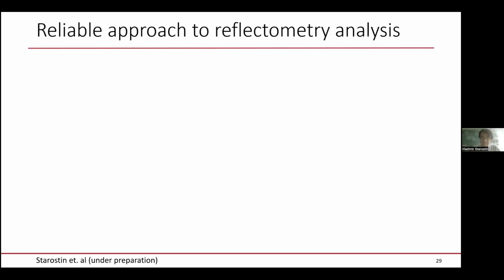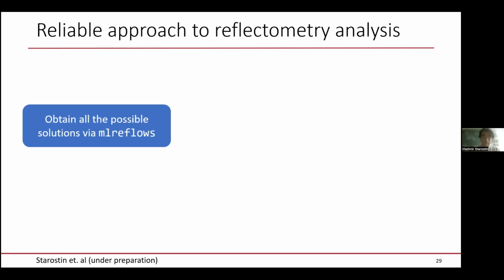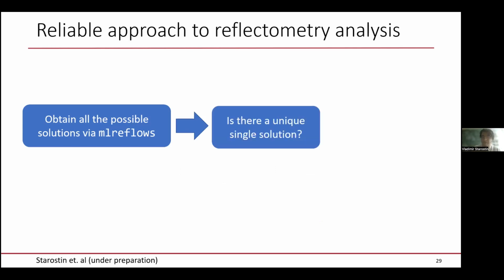Just before the conclusion, I want to briefly sketch one general idea. How can we use our normalizing flows approach to analyze reflectometry? So of course, we can now obtain all the possible solutions and ask ourselves if there's a unique single solution. And if it's yes, then excellent, we've done our analysis.